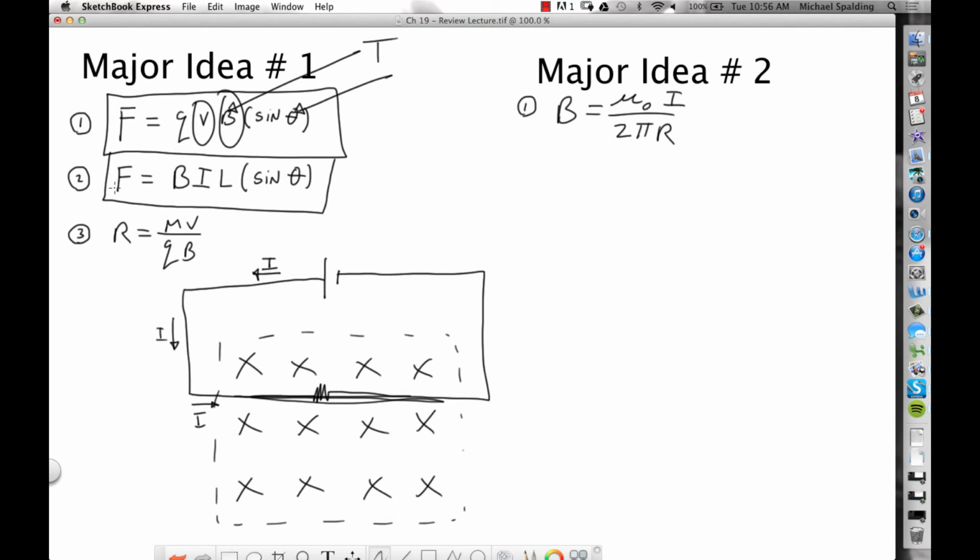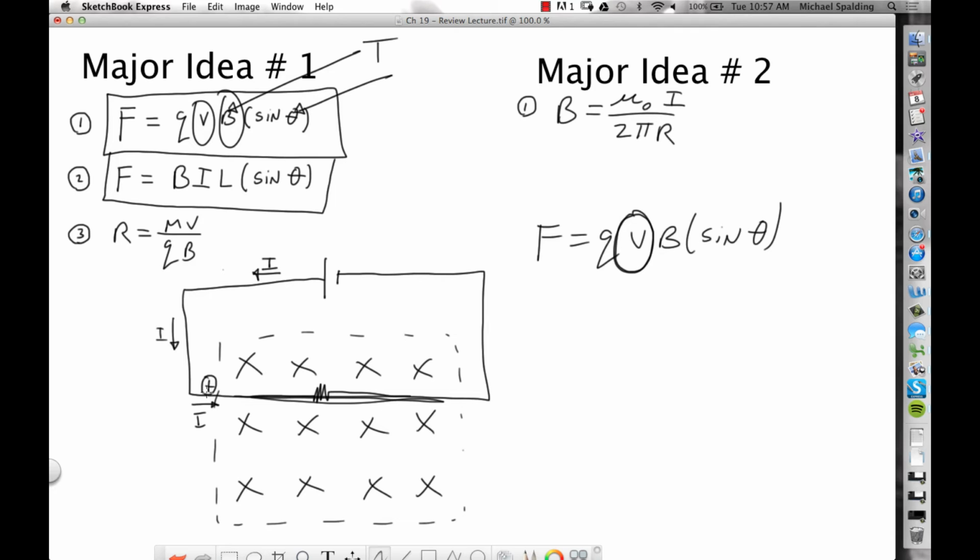So this second equation, F equals BIL, it's the same thing as QVB. Let me show you why. So F equals QVB sine theta, which we already talked about, but let's figure out what V would be. So let's look at a positive charge cruising through the magnetic field.